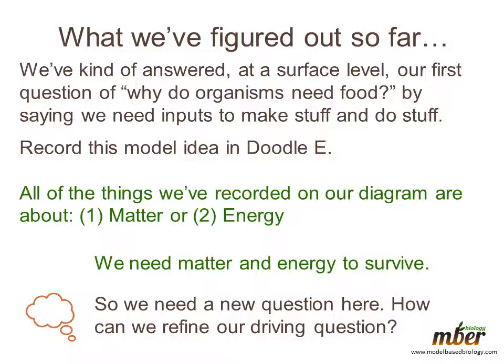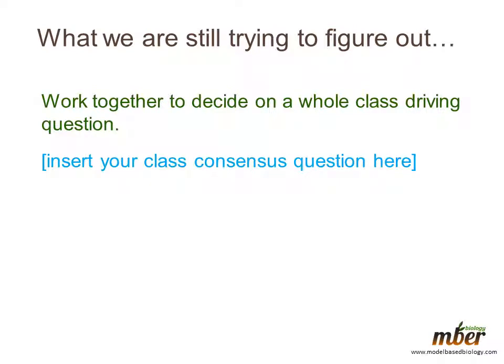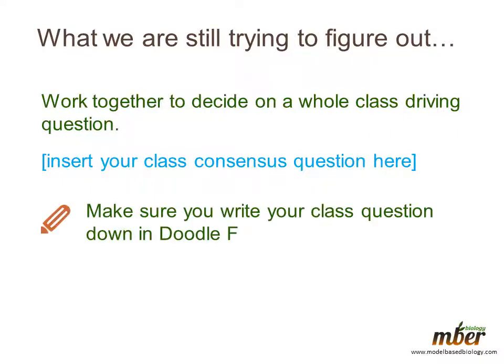Go ahead and pause me now, and you're going to write down your driving question in F. So write your final driving question in F and pause me while you do it. Okay, so again, you should have a driving question in F, but now talk with the other snow leopards and work together to decide on a whole class driving question.